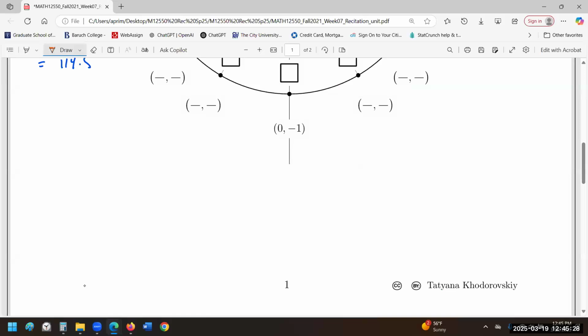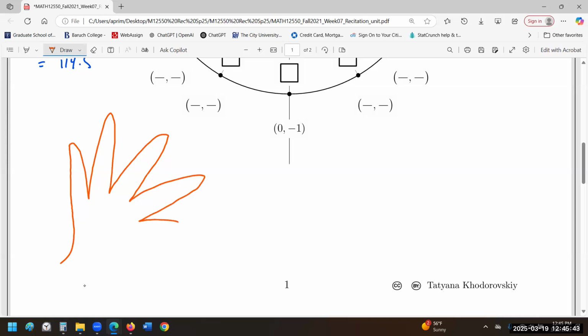You can assume your angles as 5 fingers on your hand. We have 5 fingers, and each finger represents every angle in the unit circle.